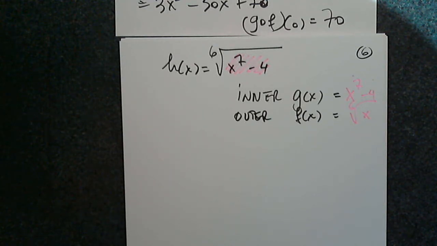So the inner function must be x to the 7th minus 4, and the outer function must be the 6th root of x. Next question. You do number 9. Number 9.